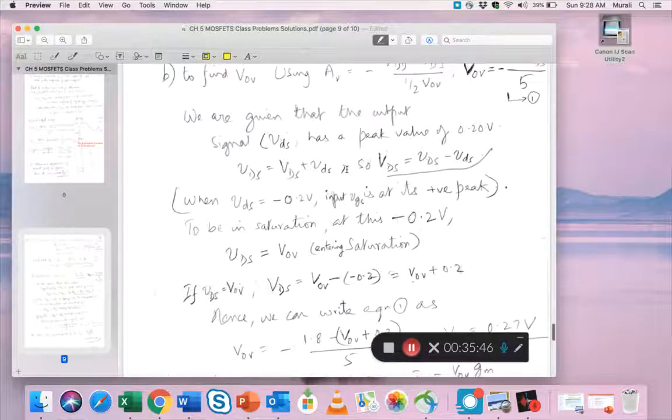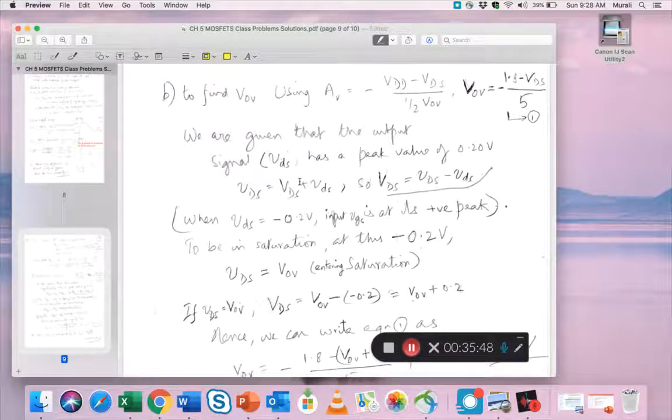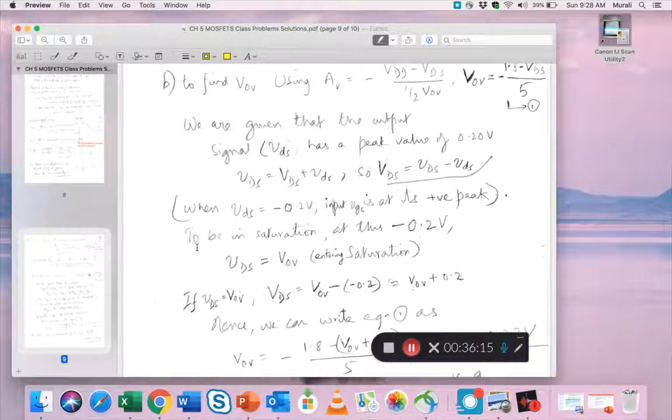So how do I find another equation? One other equation is, we know that the output signal has a peak of 0.2. So the VDS that we are interested in, which is the total VDS, the sum of the DC plus the AC signal, also has a small vds in it, the big VDS that we need here. So the big VDS then becomes VDS equals the DC VDS plus this small vds.